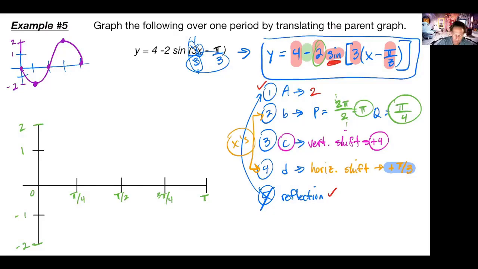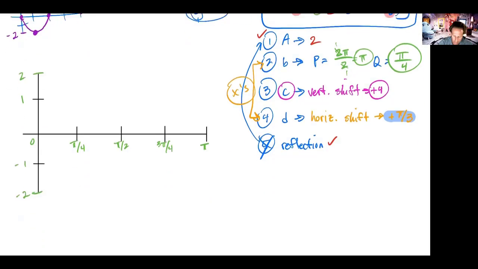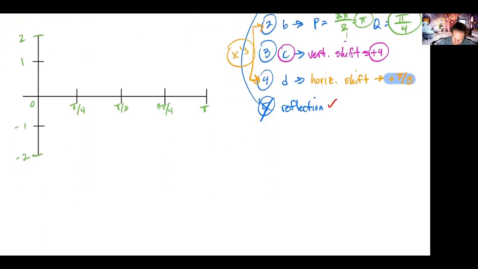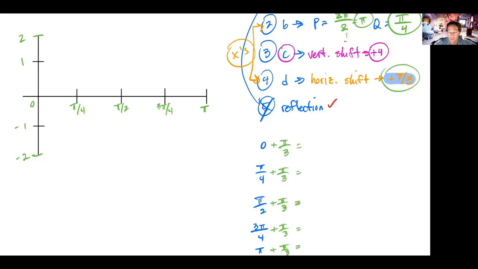Okay, so starting off here, I'm going to take my original points, which were 0, pi/4, pi/2, 3 pi/4, and pi. And I'm going to put those shifts on them, which we said would be a positive pi/3. And once you do the shifting, you'll get your 5 key points.